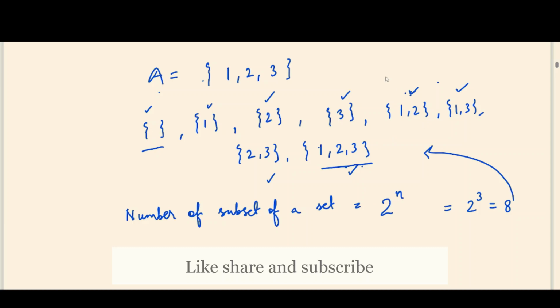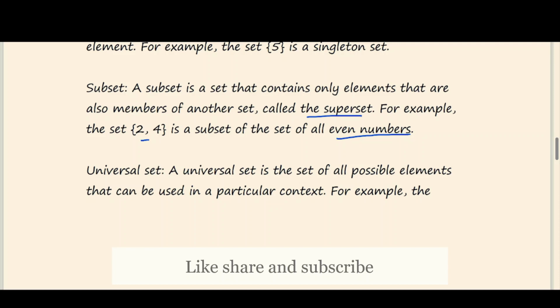Okay. So we have seen what a subset is and how many subsets we can have in a set. Now see what is a universal set. A universal set is the set of all possible elements that can be used in a particular context.